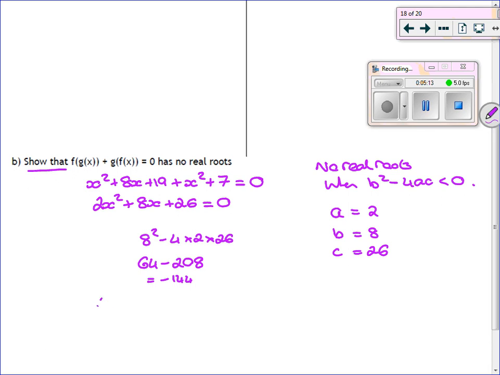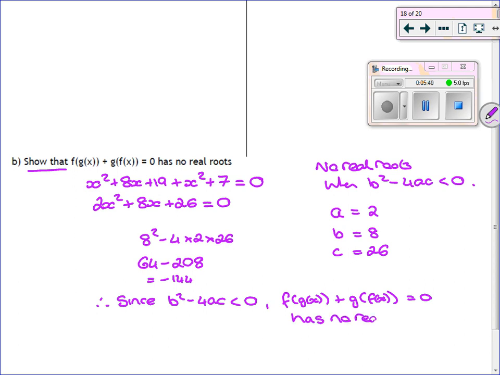So we can say, therefore, since b squared minus 4ac is less than 0, f of g of x plus g of f of x equals 0 has no real roots. And that's it. Final past paper example.